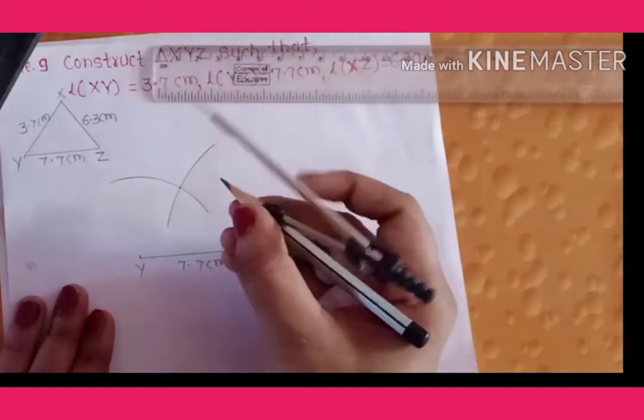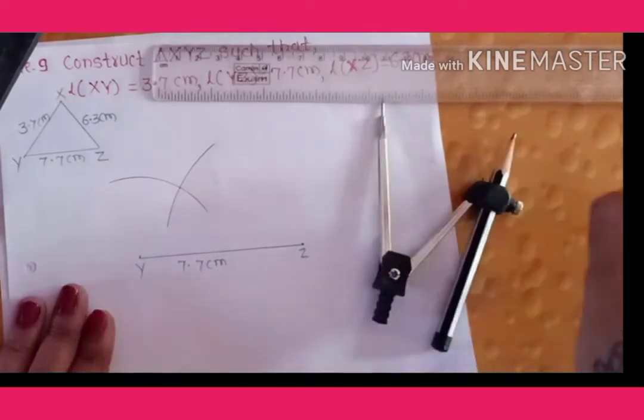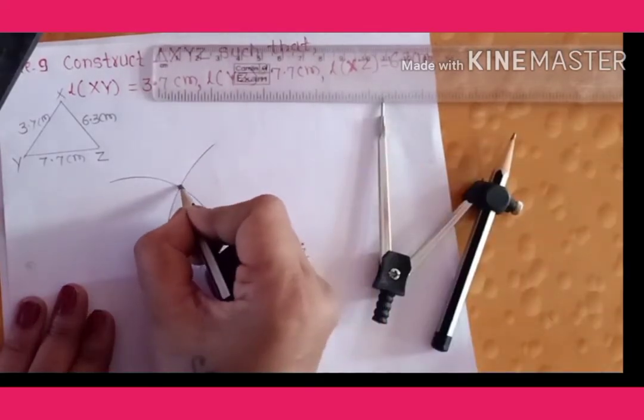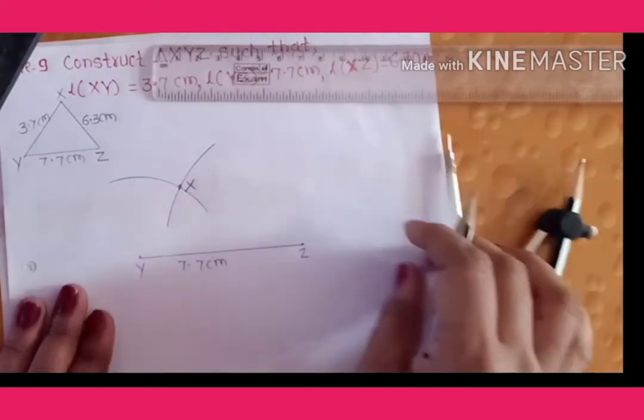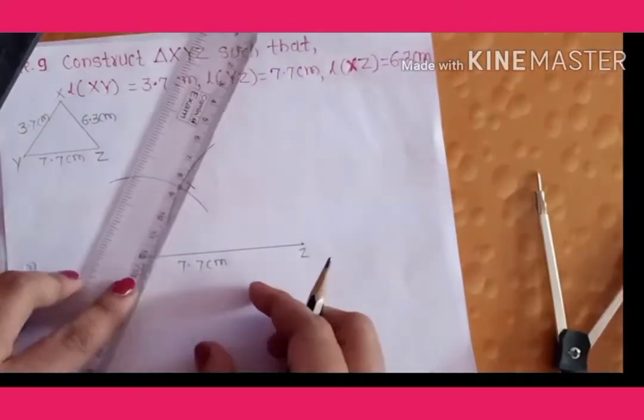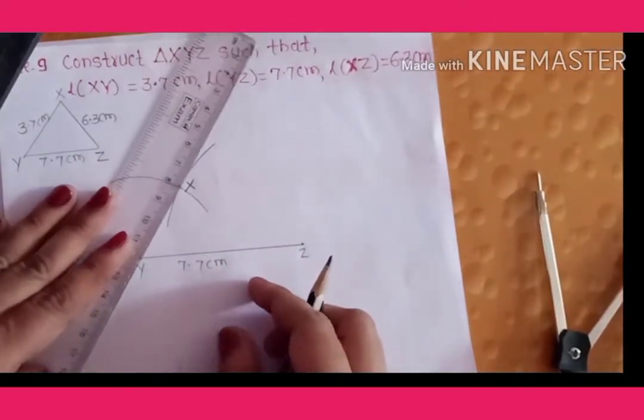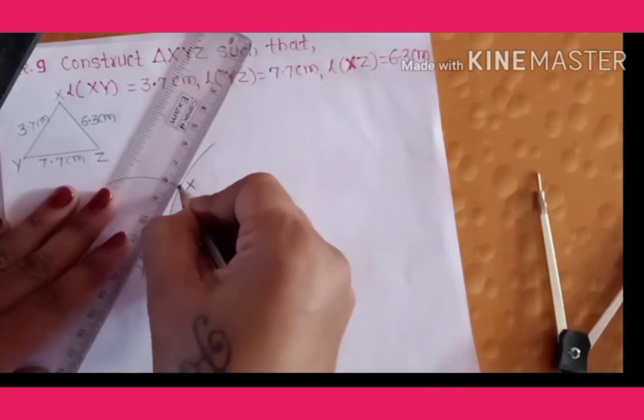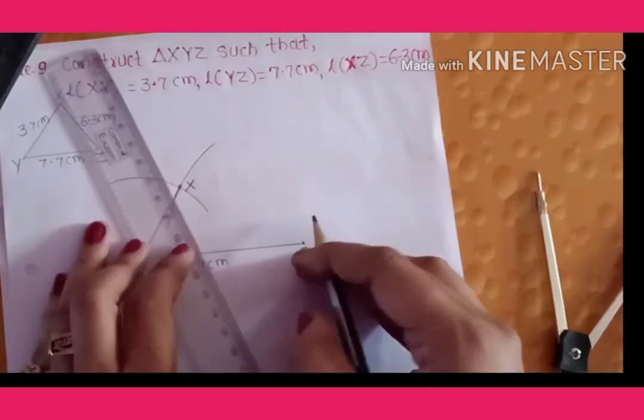Now write name of this intersecting point X. Now draw segment XY and segment XZ.